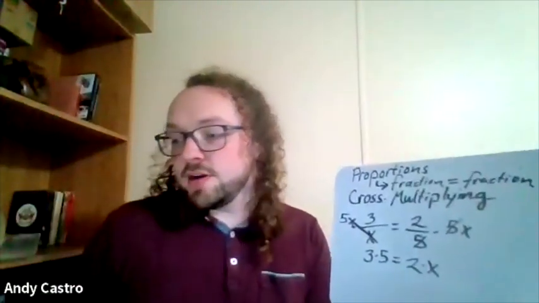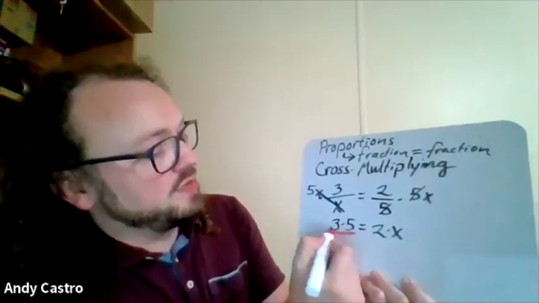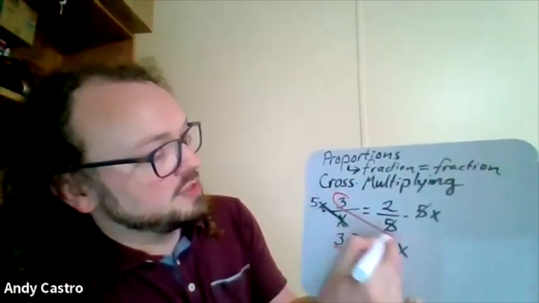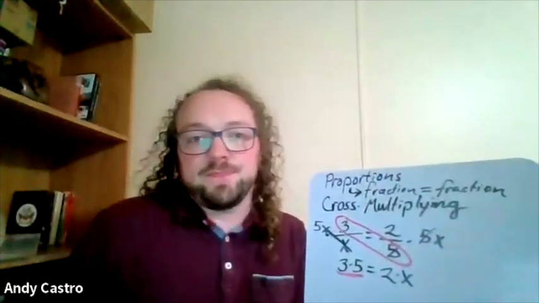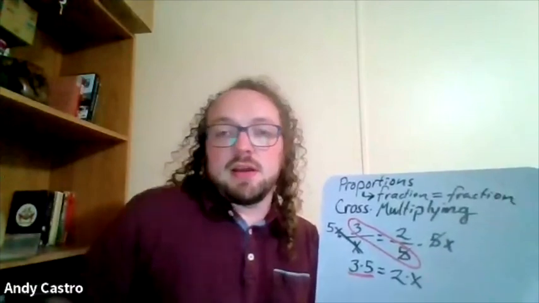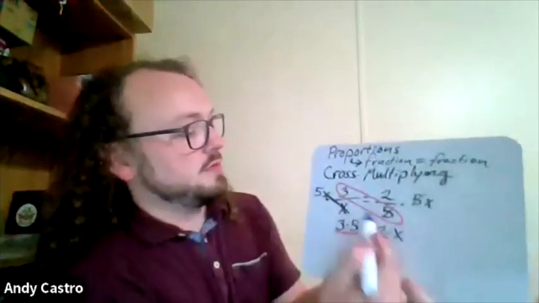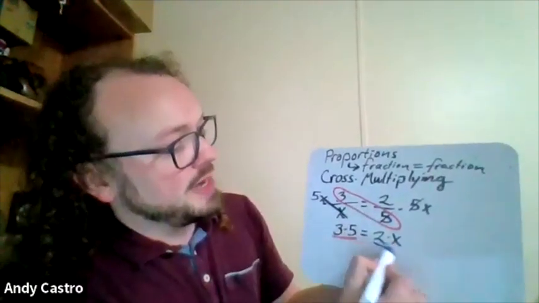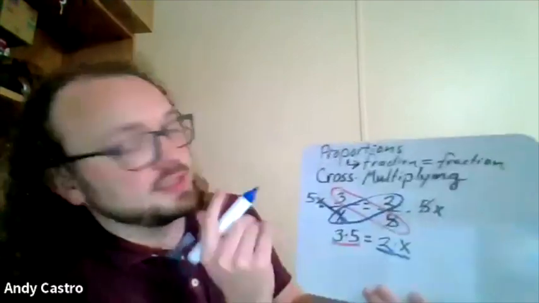This is where we find our trick, is because 3 times 5 is just these two terms, 3 times 5, and 2x is just 2 times x.